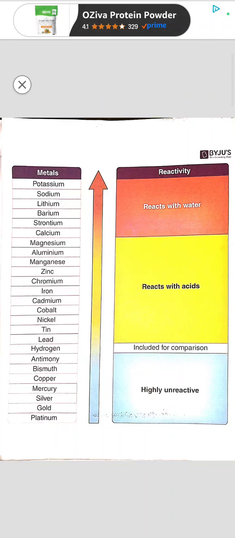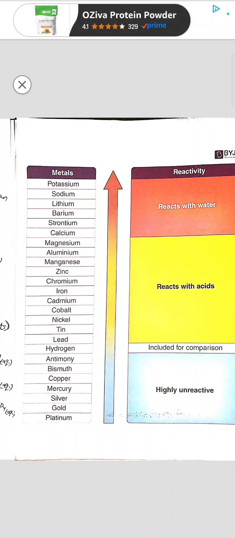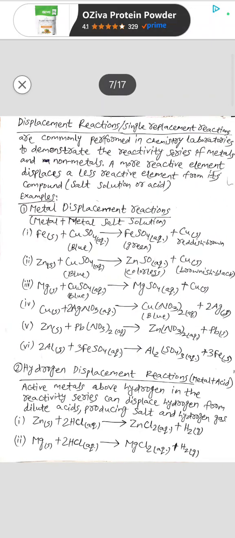So zinc is above, zinc is highly reactive. So zinc will displace copper from its salt solution. So it will form ZnSO4 plus Cu. Okay. So from the reactivity series, we will identify which metal will displace which metal.